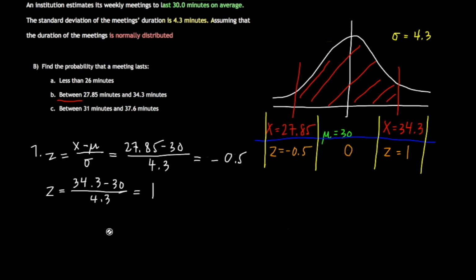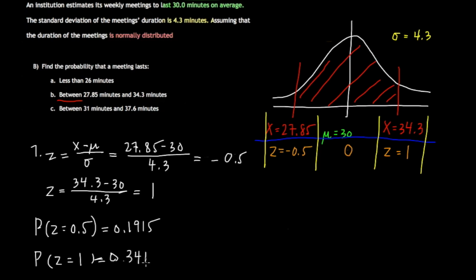Okay, so we know that the probability, so I'll rewrite them, the probability of z-score equals 0.5 is equal to 0.1915, and the probability of our z-score equals 1 is equal to 0.3413.